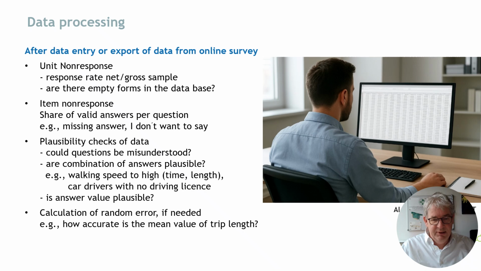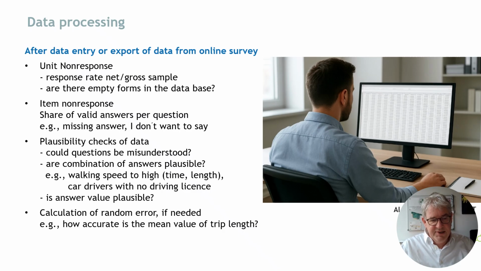So for example, if the descriptive results of the survey are surprising, maybe the question was misunderstood. Or you can do some plausibility checks, for example, if a walking speed is too high, when you calculate it from the time of the trip and the length of the trip, so the speed is, I don't know, 40 kilometers per hour, then maybe there is an error in the database.